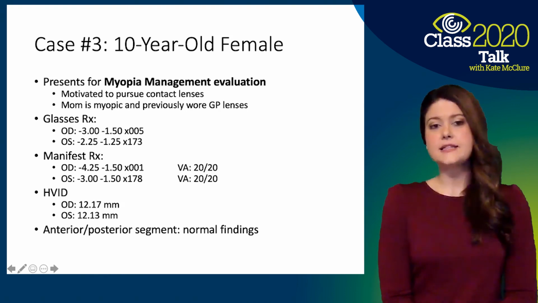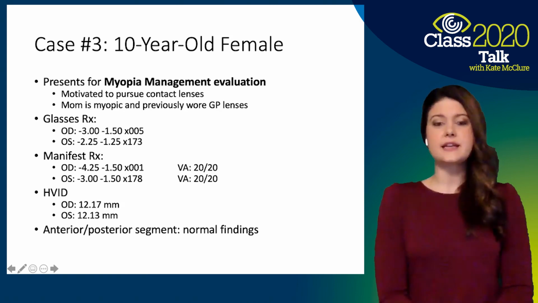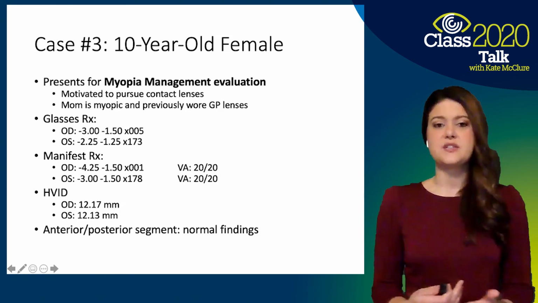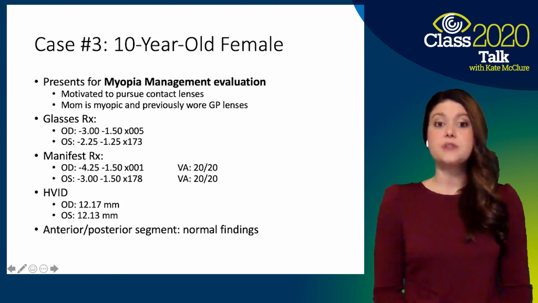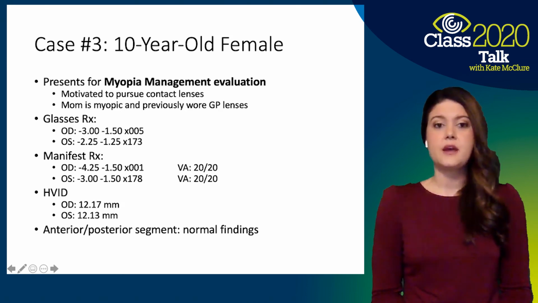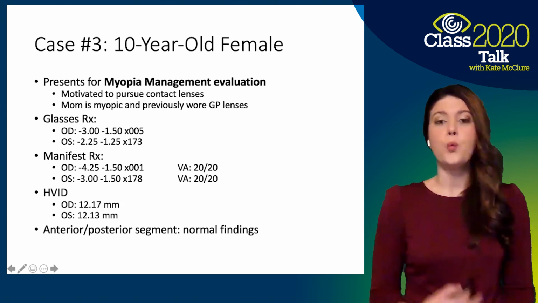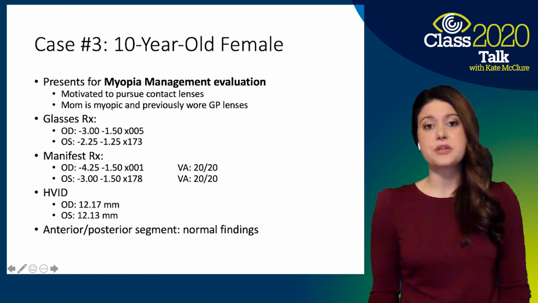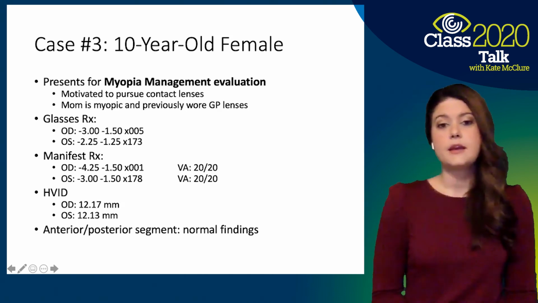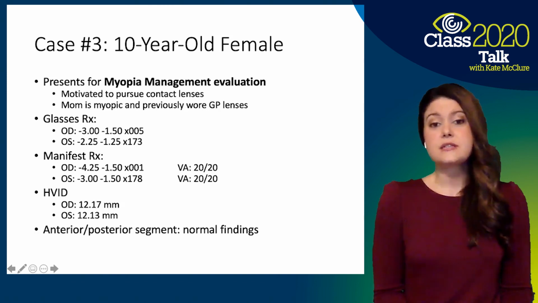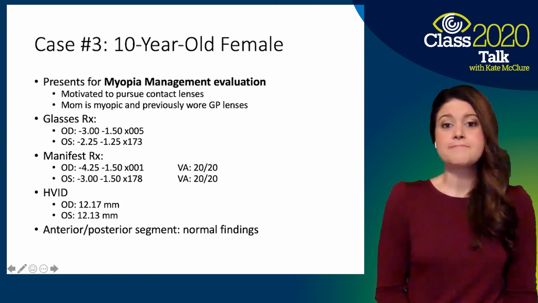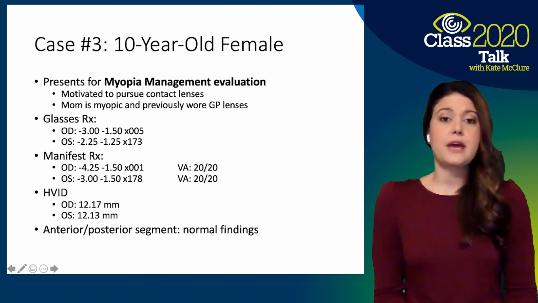So I find that sometimes the parents and their contact lens experience kind of sways their decision on what they'd like to do with contact lenses. So sometimes parents who've worn soft contact lenses are more familiar with those and are interested in pursuing an option for myopia management that includes soft contact lenses. Now, if the patient's parents have worn GP lenses or maybe no contact lenses at all, sometimes they're excited about Ortho-K.